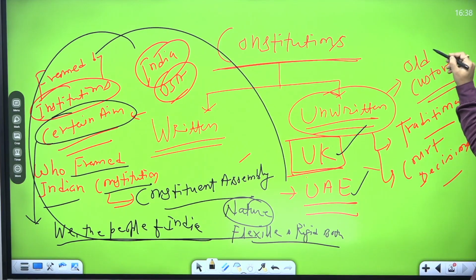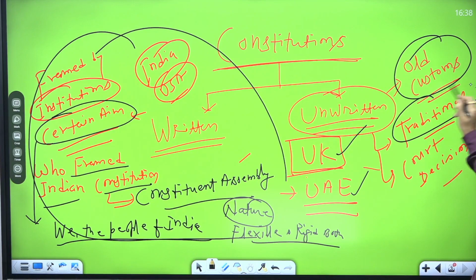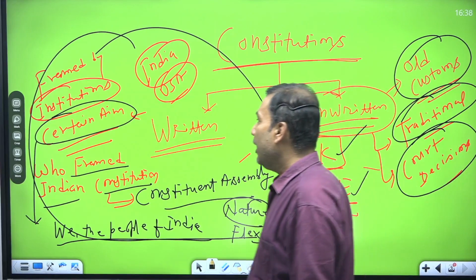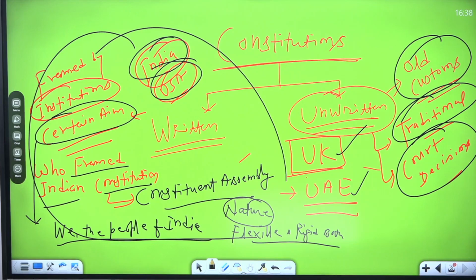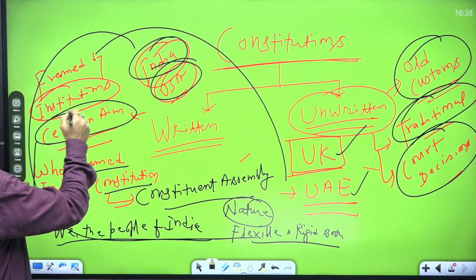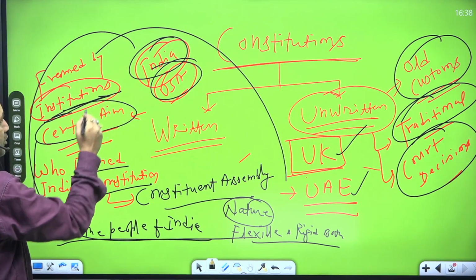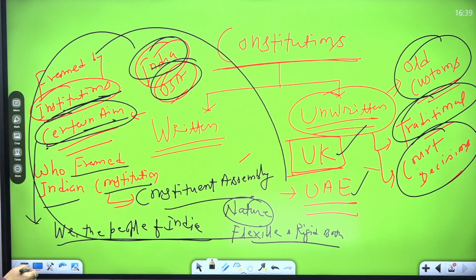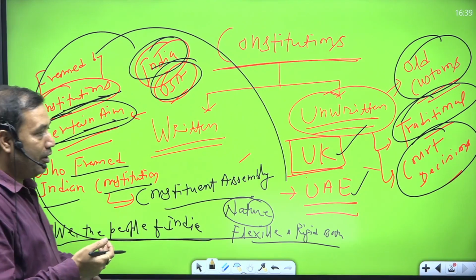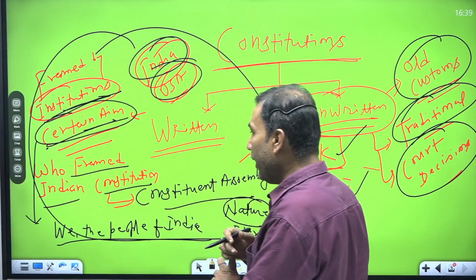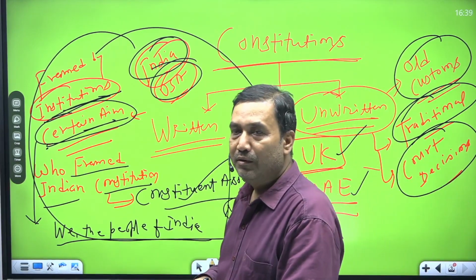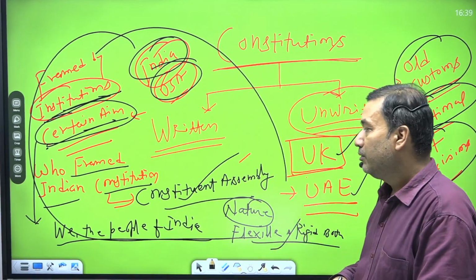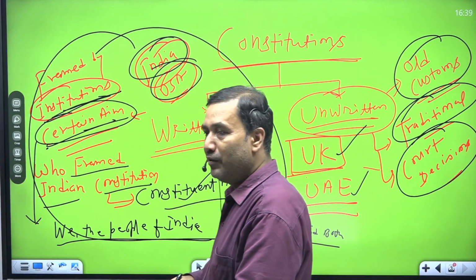Because based on old customs, traditions, and court decisions. And the written, for example, India and USA. Why called written? Because they are framed by institutions and have certain aims. Who framed the Indian Constitution? Constituent Assembly. Nature of the Indian Constitution? Flexible, rigid, both. Aim of the Indian Constitution? We the people of India.